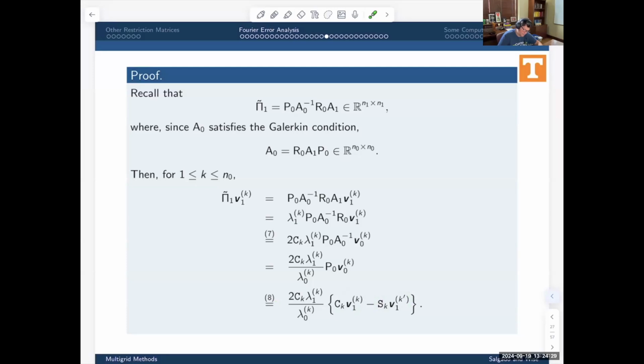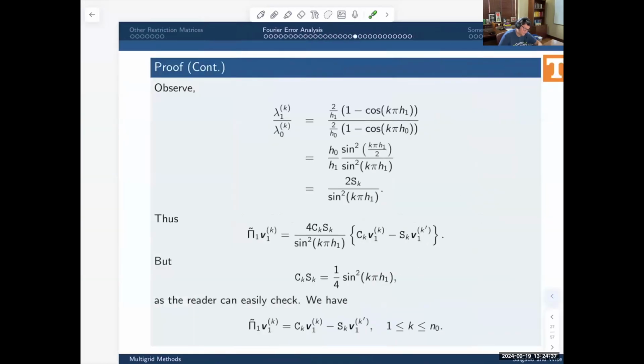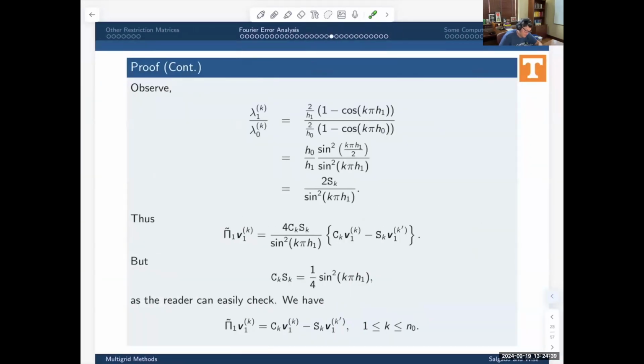All right, so we're almost done. Now we simply have to figure out, well, maybe what is the value of lambda 1K over lambda 0K? So I claimed through some simple algebra, lambda 1K over lambda 0K, well, that is just the high frequency eigenvalues versus the low frequency eigenvalues in the low frequency range when I reason with respect to the fine level grid.